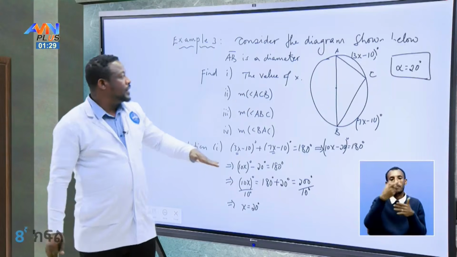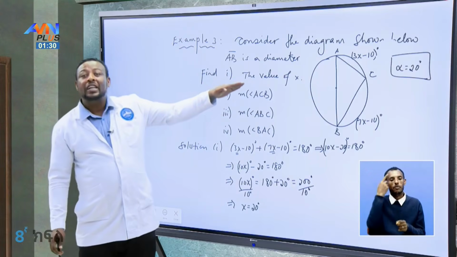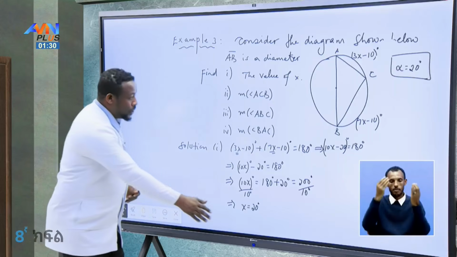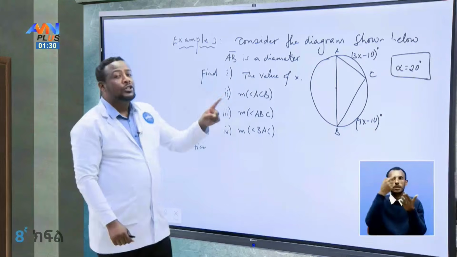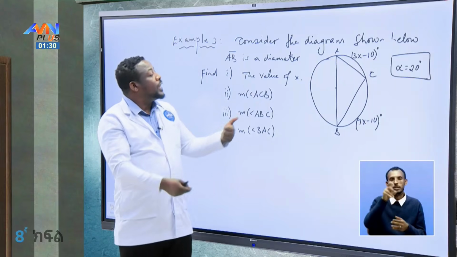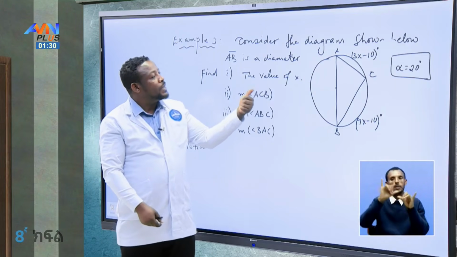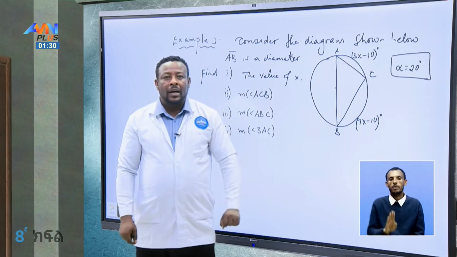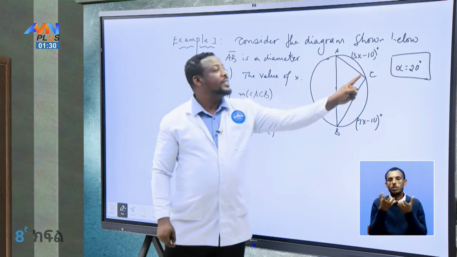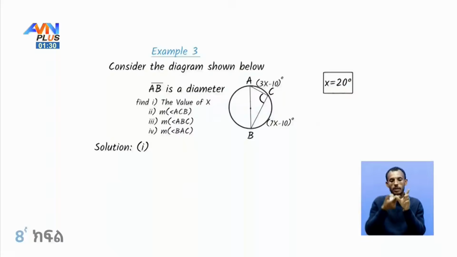Now let's see the answer for the remaining three parts. We go to the second part. You are asked to calculate the degree measure of angle ACB.